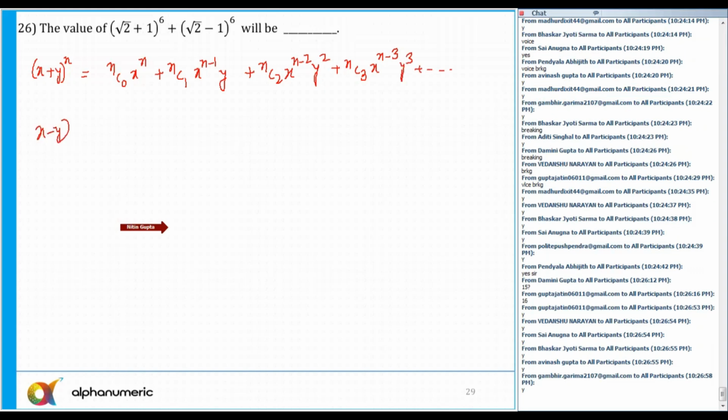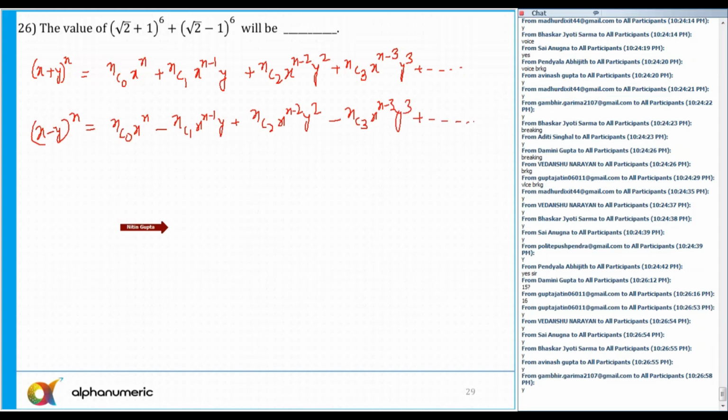Now, if I say x minus y raised to power n, so nC0 into x raised to power n minus nC1 into x raised to power n minus 1 into y plus nC2 into x raised to power n minus 2 into y square and minus nC3 into x raised to power n minus 3 y raised to power 3 and so on.